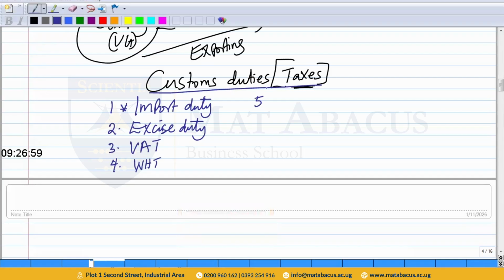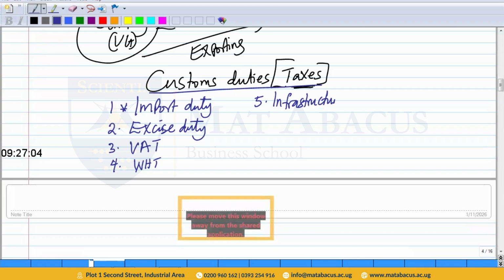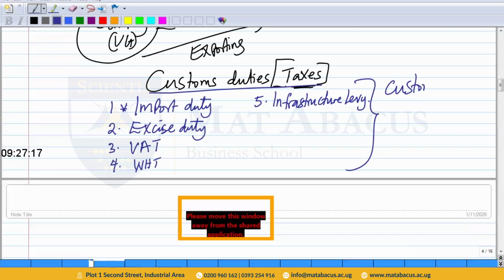Then five is infrastructure levy. How do you compute this? And once you add all these taxes, they are called customs duties. It's the summation of all this.